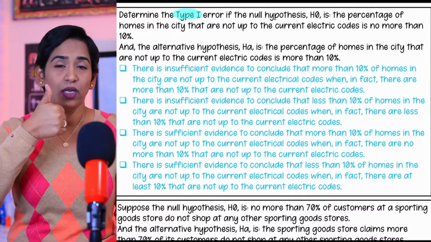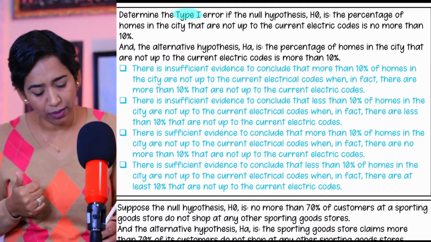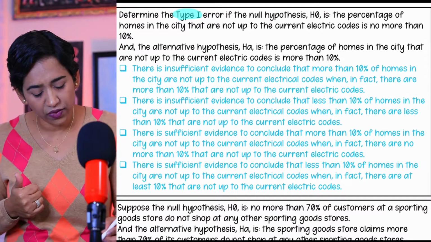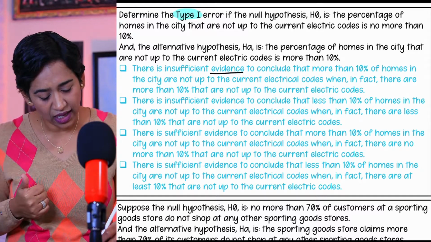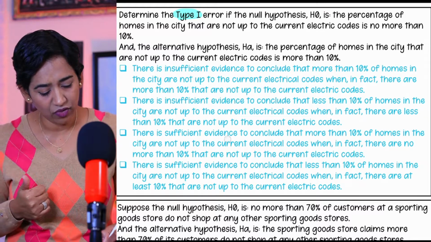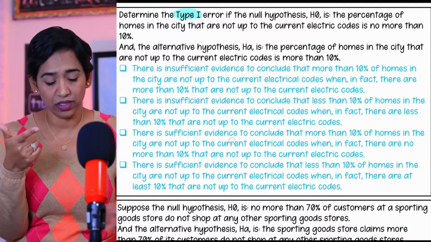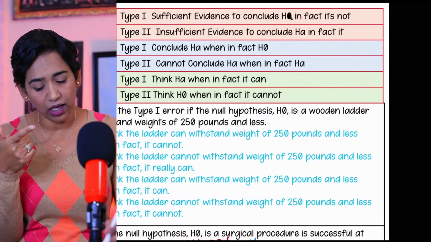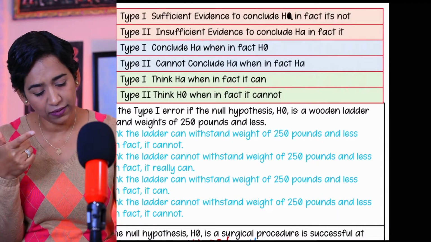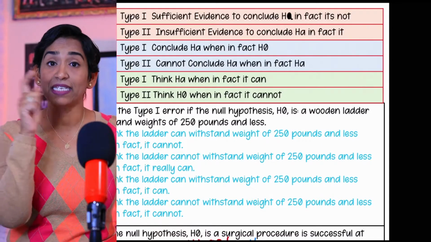So type 1. My next thing is to see what's the verbiage that they're using. They're talking about, oh, here they say evidence, and I see evidence. So let me go ahead, erase this. So I know it's type 1 error and I know the verbiage is evidence. So I'm going to scroll back here and I'm going to look for evidence and type 1 error.